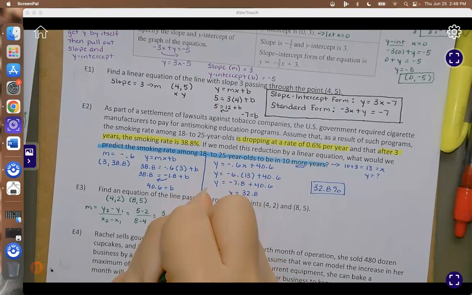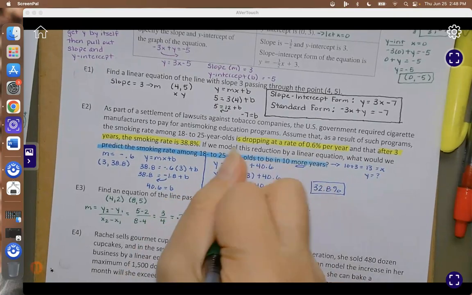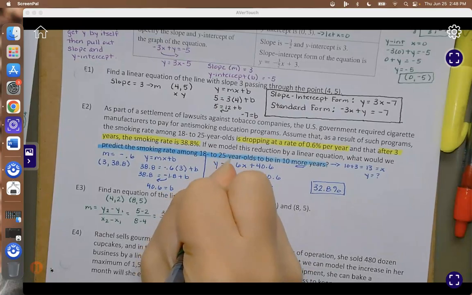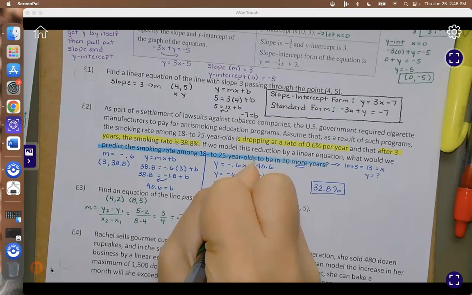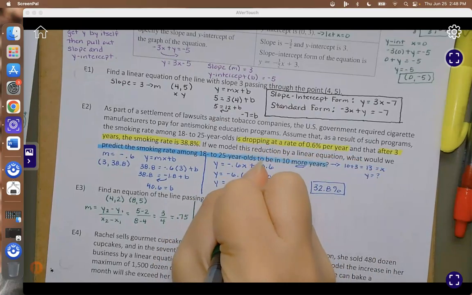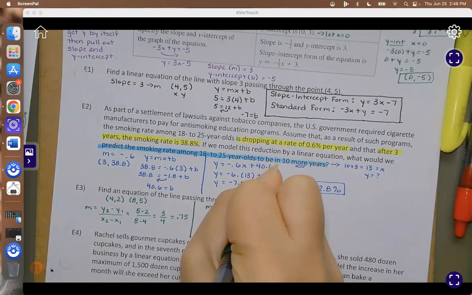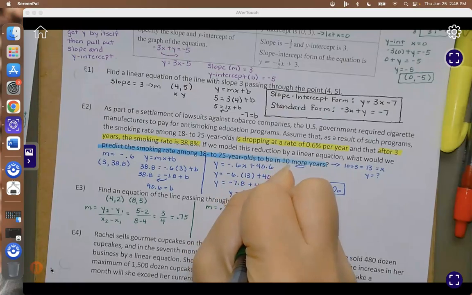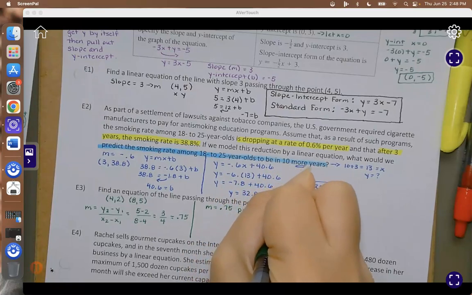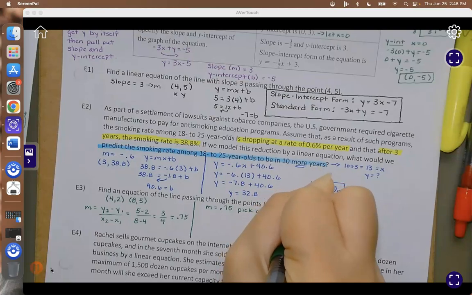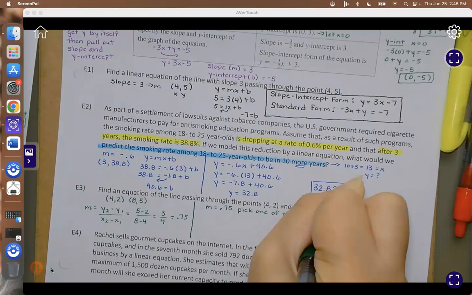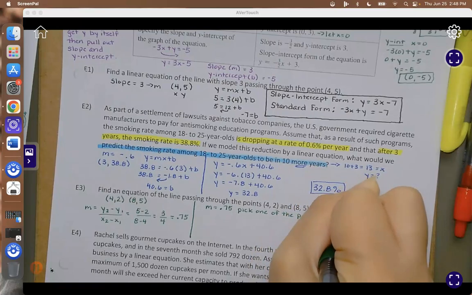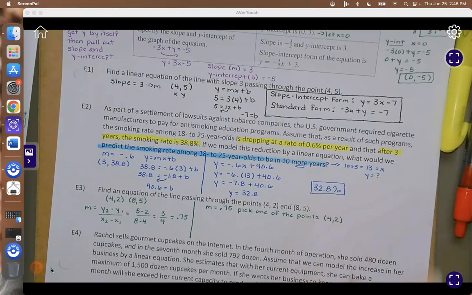Okay. So now I know I have the slope of this. Now I just need to pick one of the points. I'm just going to pick the first one just because it's first.